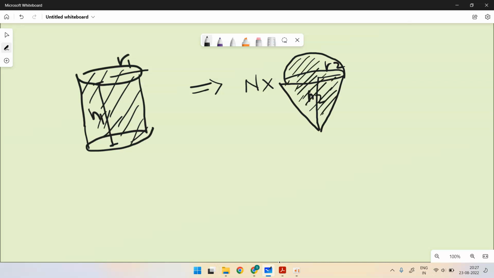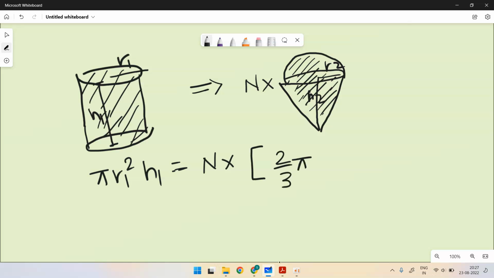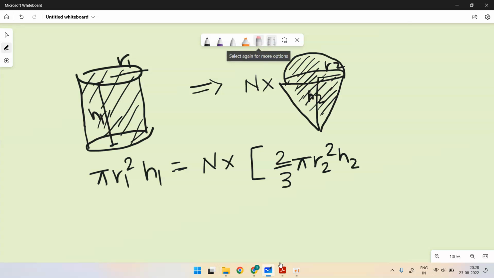So volume of the cylinder, pi r1 square h1, will be equal to n into the volume of this hemisphere, 2 by 3 pi r2 cube, plus for this cone, 1 by 3 pi r2 square h2.